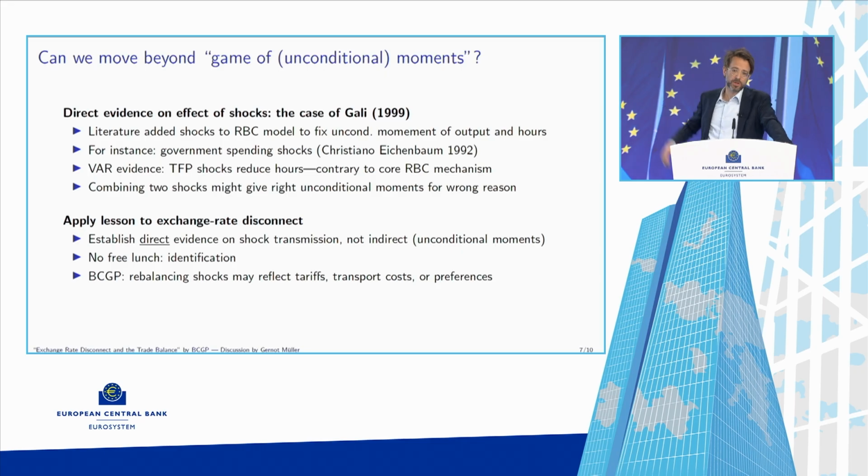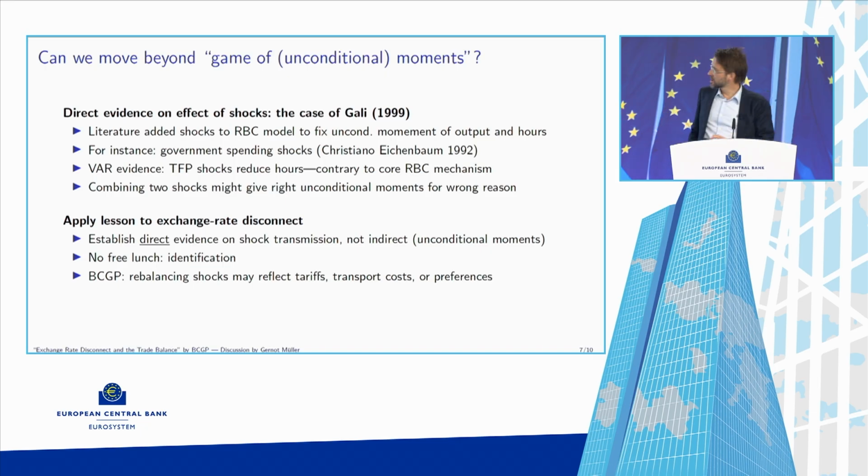One example is Christiano and Eichenbaum adding government spending shocks. But then Gali finds, by looking directly at TFP shocks, that they lower hours, and so that speaks directly against the fundamental transmission mechanism in the RBC model. So for me, the upshot is that you can bring 2 shocks together to get the unconditional moment right, while both shocks give you the wrong transmission mechanism.